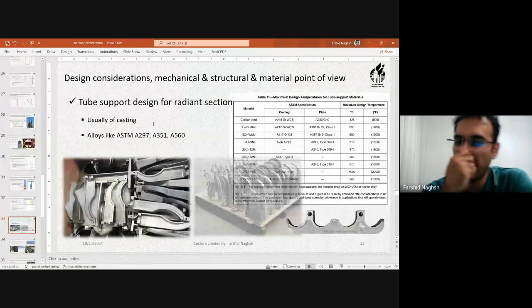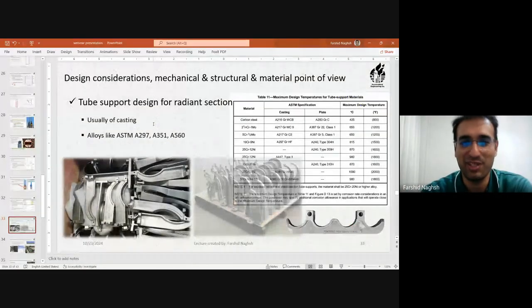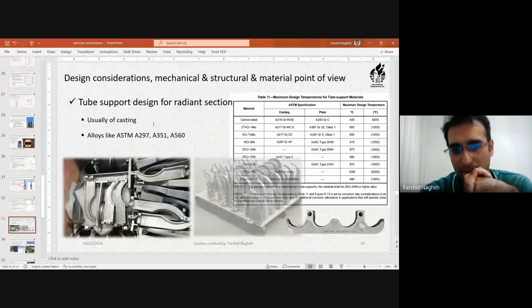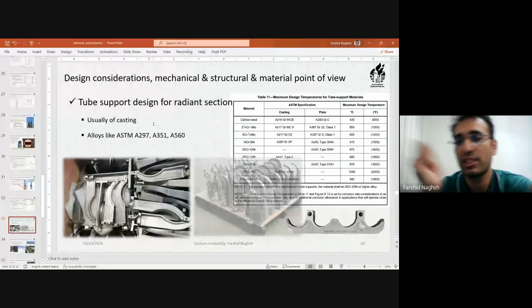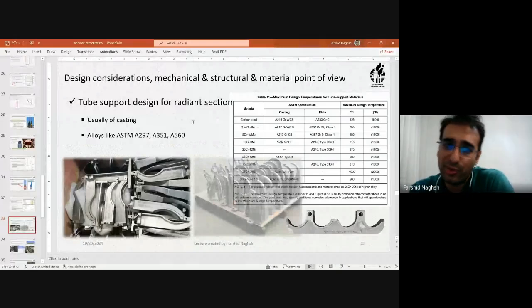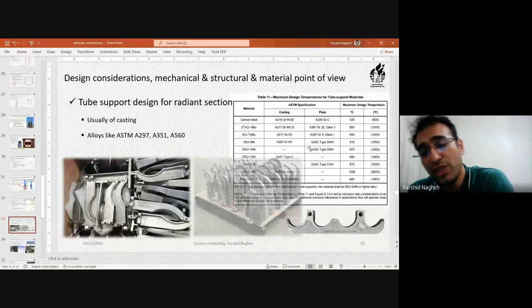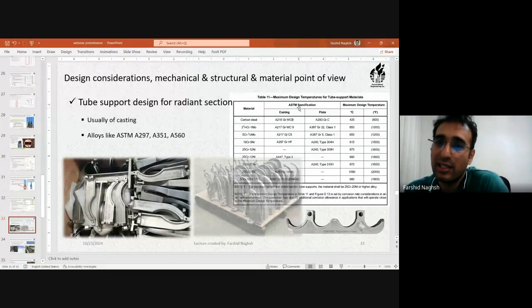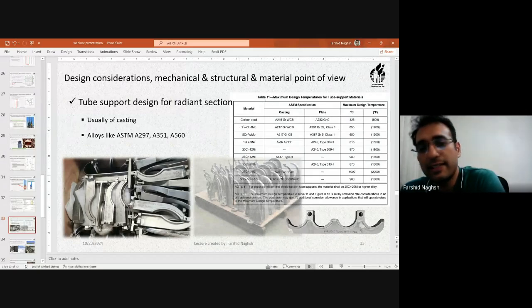These tubes that you calculated the thickness of in the previous slides need to be supported. As I said earlier, the supports of the radiant section are not protected using refractory. So you need to choose the correct material based on Table 11 in API 560.